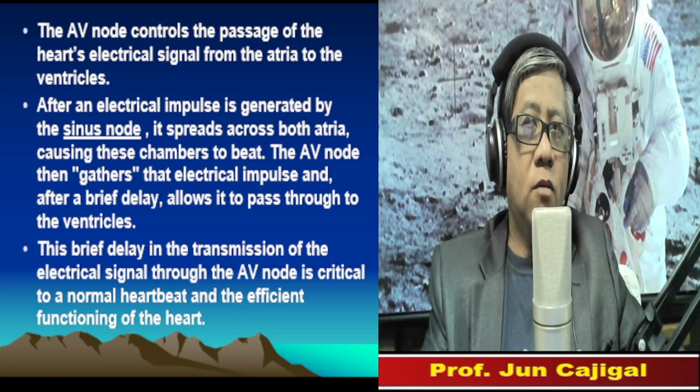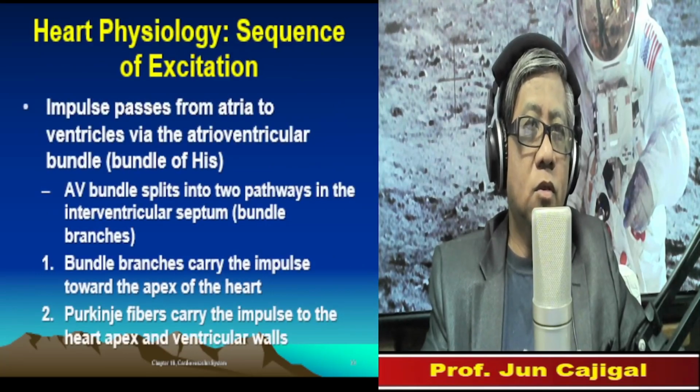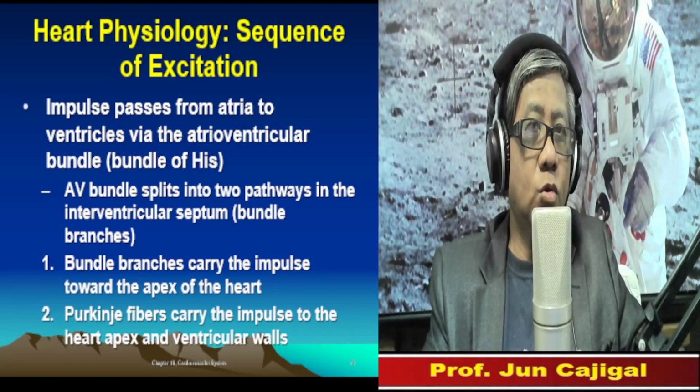The AV node will eventually transmit the signals to the so-called atrioventricular bundle, or the bundle of His. The bundle of His splits into two pathways in the interventricular septum.